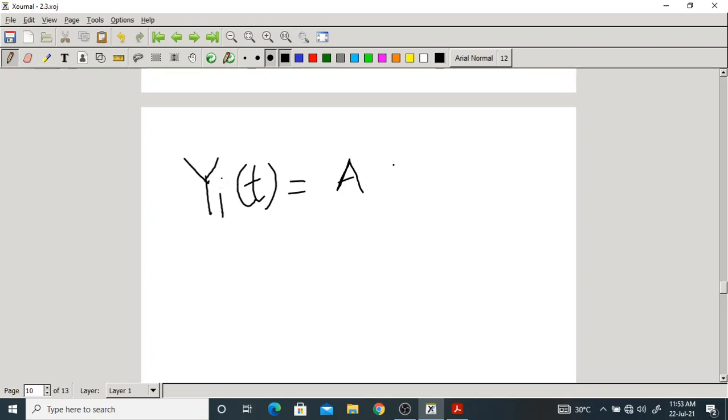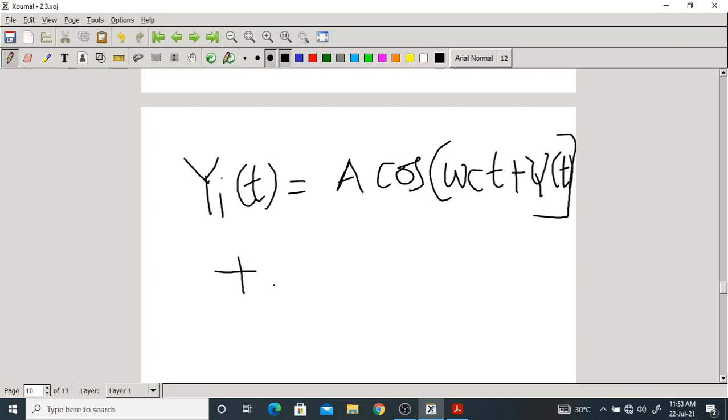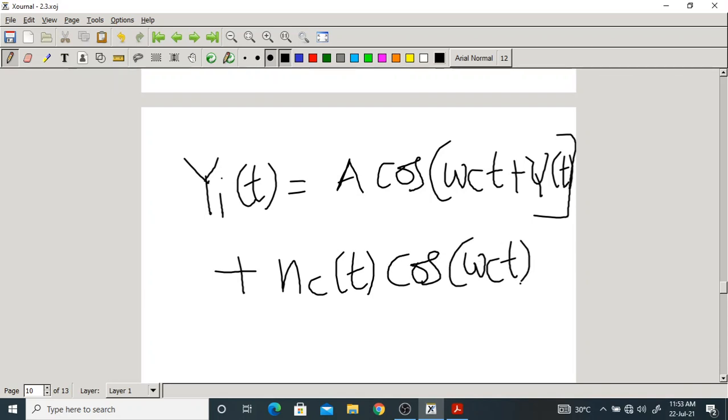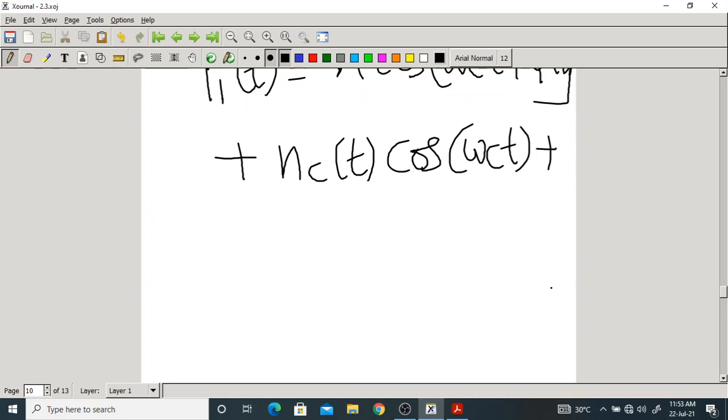That is A cos omega ct plus psi of t plus nc of t cos omega ct plus ns of t sin omega ct.